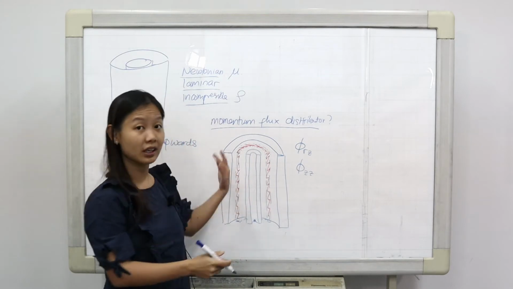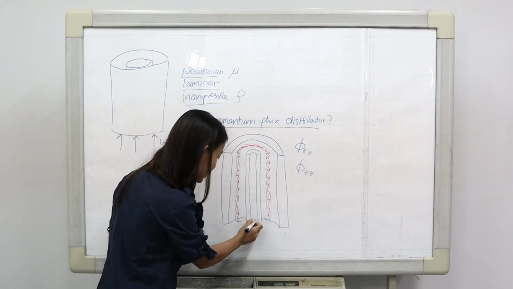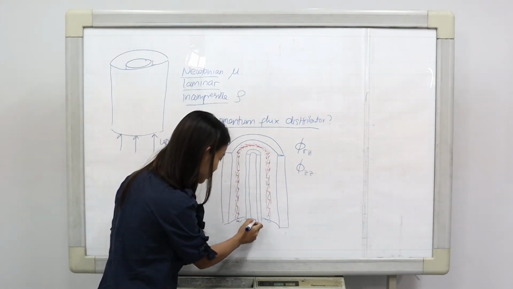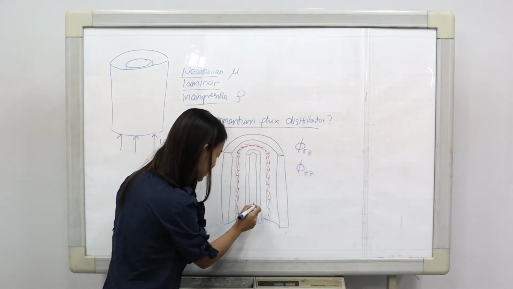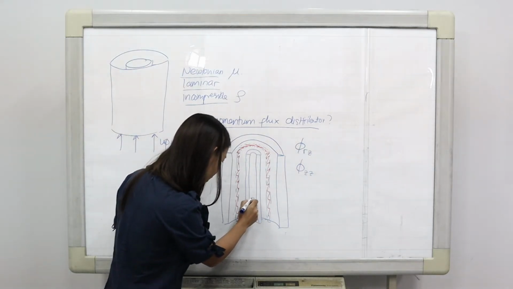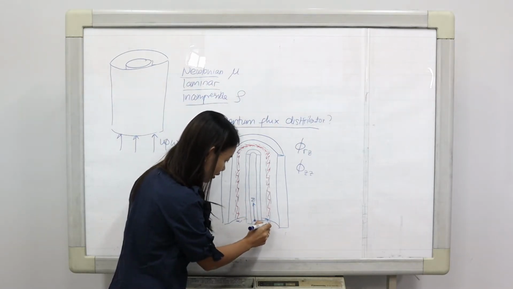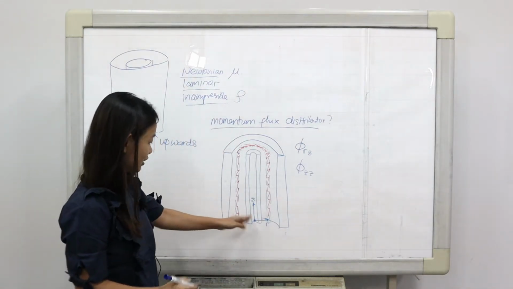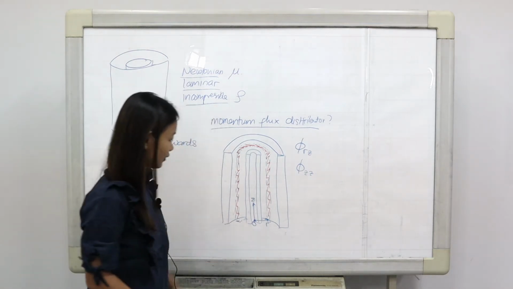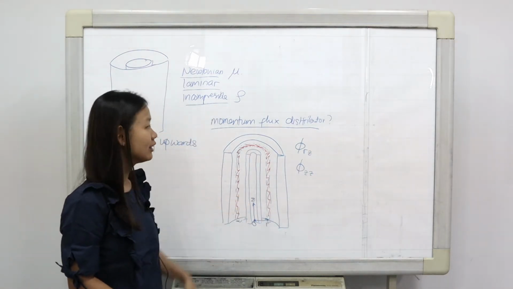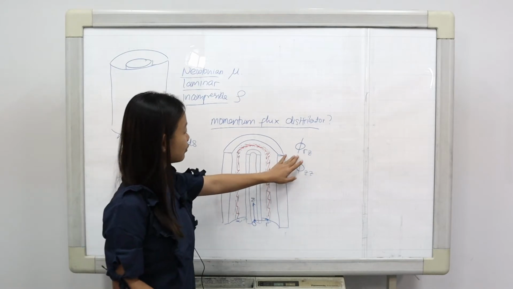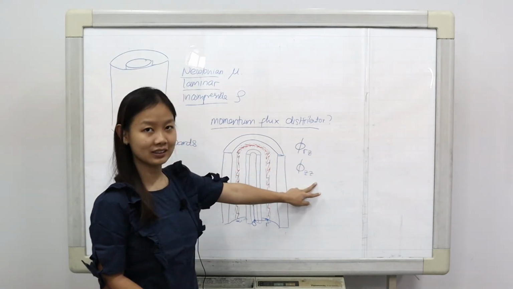Because the flow is upwards, I will choose this as the zero point coordinate. This direction is z, and this direction is r. So this is the zero point, z and r.